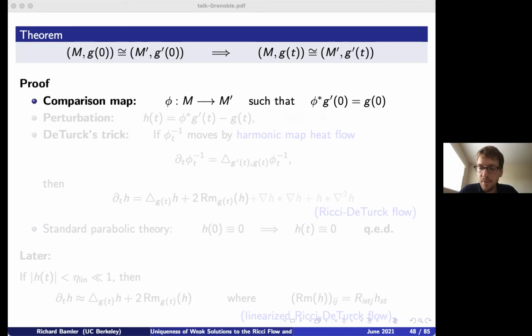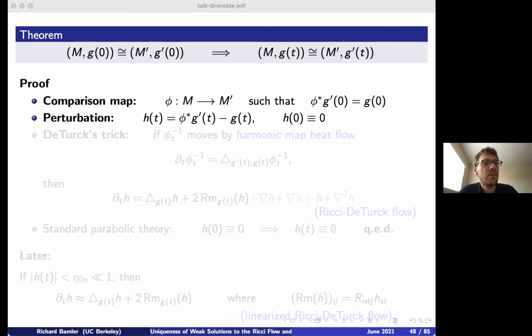And then I'm going to choose an h, which I call a perturbation. It's just the pullback of g prime via phi, minus g. Okay? And so h basically measures how good of an isometry phi is at later times. Okay? So at time 0, phi is an isometry, so h is equal to 0. But then later, h might get bigger.